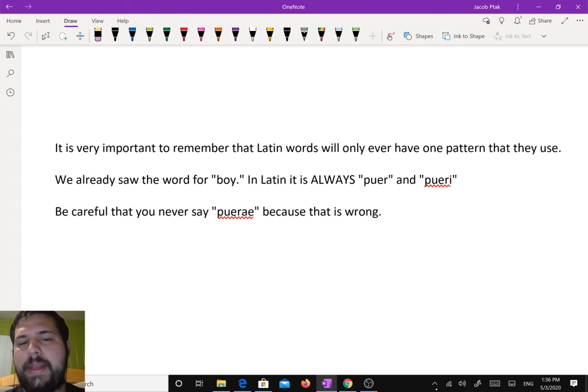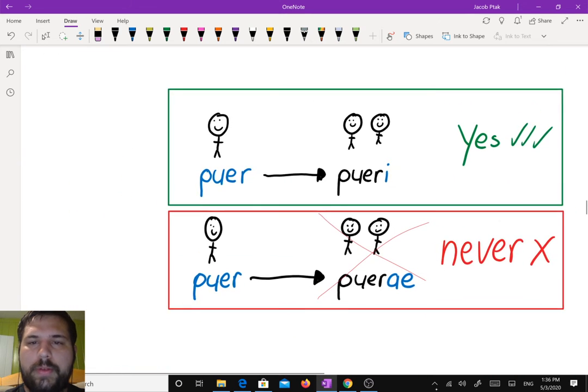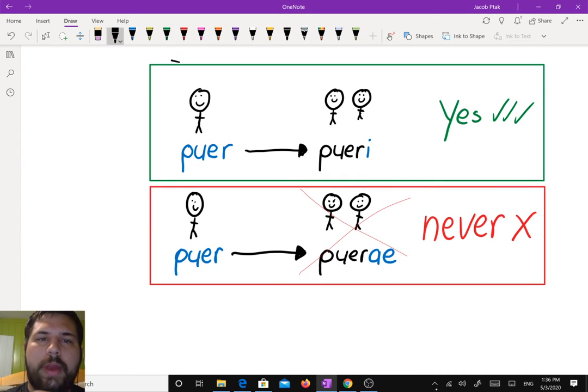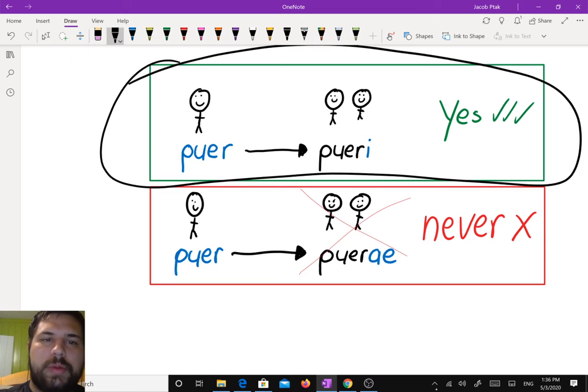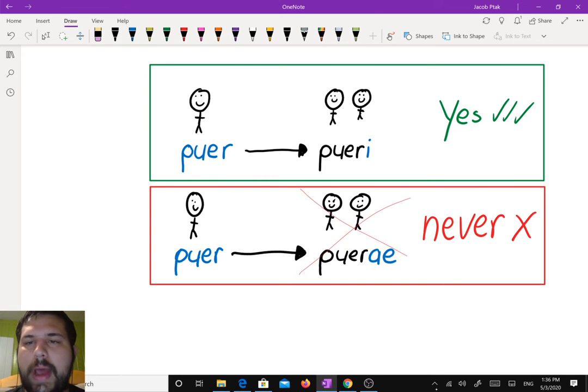Just to show you what I mean, here's what we saw with the word for boy. We saw the right way of doing it, which was puer, pueri. You add the letter I. That's the correct way to do it. The incorrect way to do it is to mix the pattern up.